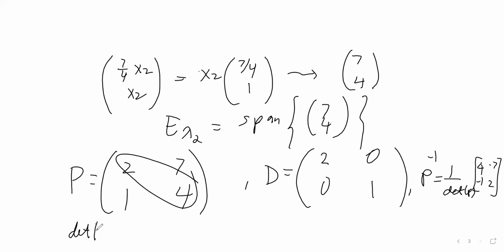The determinant of P is 8 minus 7, that's equal to 1. So P inverse equals 4, negative 7, negative 1, 2. That's P inverse. And that's basically what this diagonalization of A is.